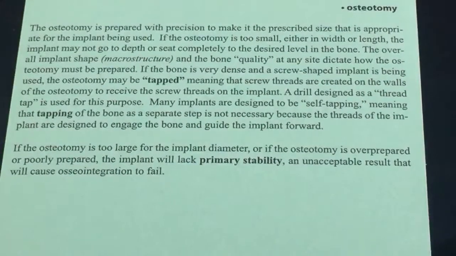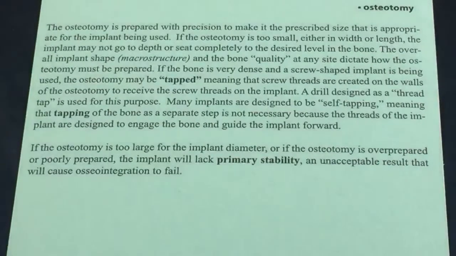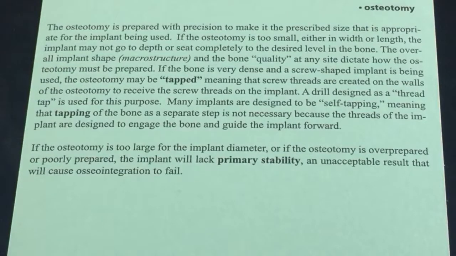The osteotomy is prepared with precision to make it prescribed size that is appropriate for an implant being used. If the osteotomy is too small, either in width or length, the implant may not go to depth or seat completely to the desired level in the bone.